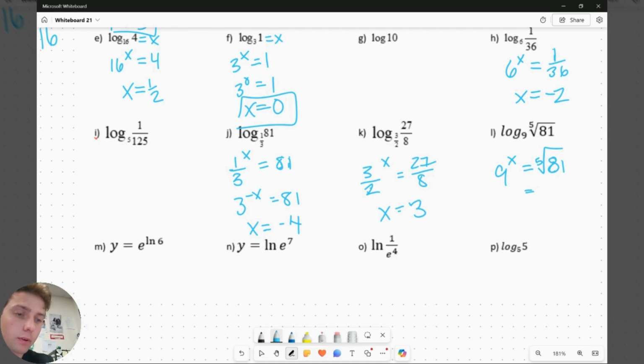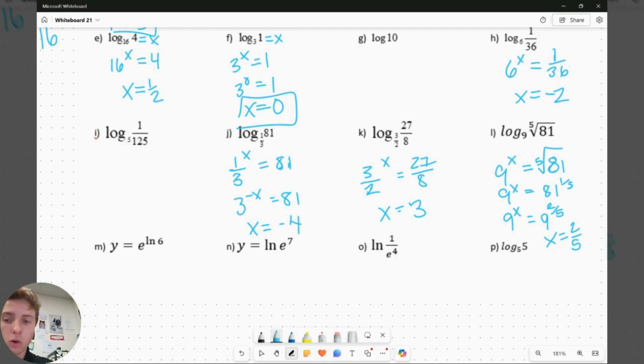Okay, well, 5th root of 81, that would mean I have 81 to the 1/5. Okay, but I know that 81 is just the same as 9 squared. So maybe this is 9 squared to the 1/5, which is just 9 to the 2/5. So now I'd see that x is 2/5 there.